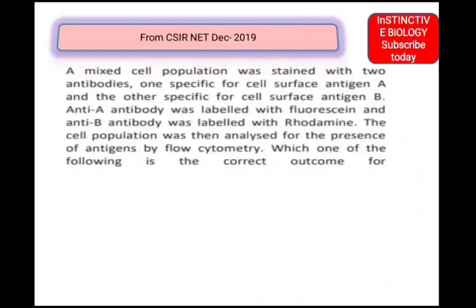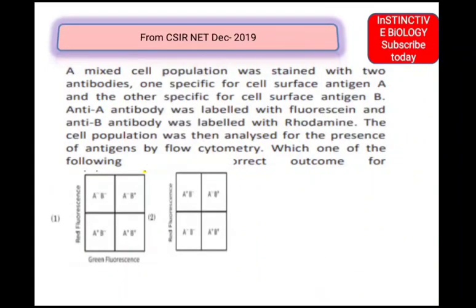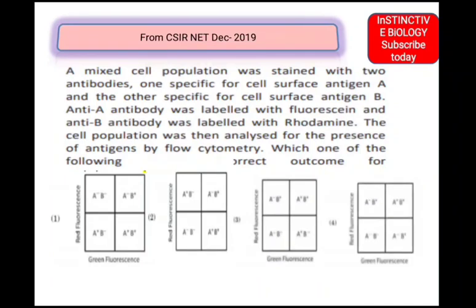Now let us solve a question from the CSIR NET 2019 question paper, the recent question. We have a mixed population of cells stained with two antibodies against cell surface antigen A and antigen B. In the question they have given that anti-A antibody was labeled with fluorescein dye and anti-B antibody was labeled with rhodamine dye.